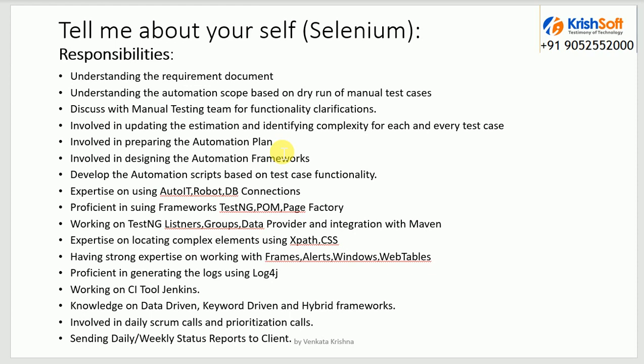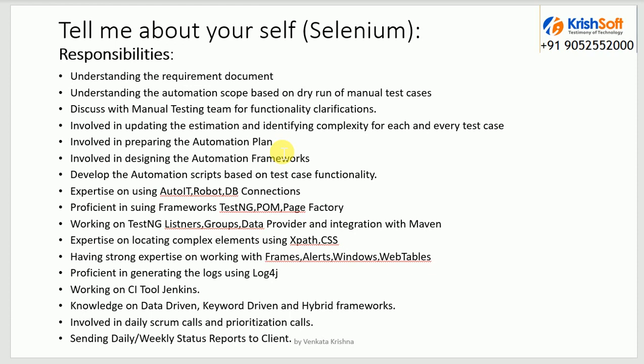Okay, so very good. Next, you need to tell them about developing the test cases, and before that, developing the automation frameworks. Which framework you developed, either hybrid or keyword driven or data driven, and whether you were involved or you developed it yourself, will tell the interviewer how strong your knowledge is on the framework side.